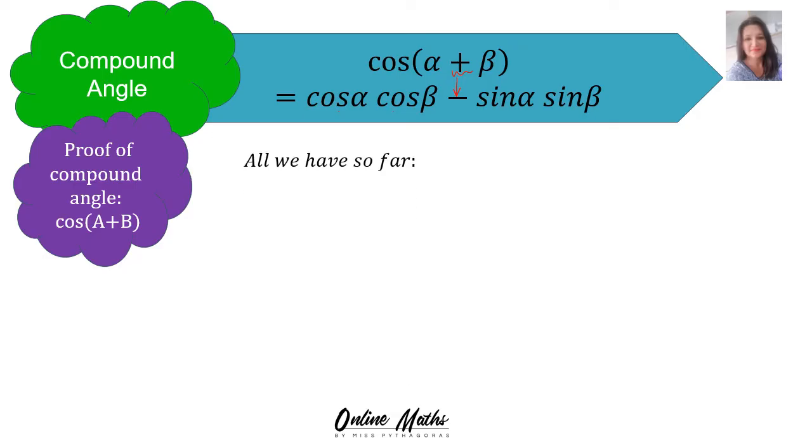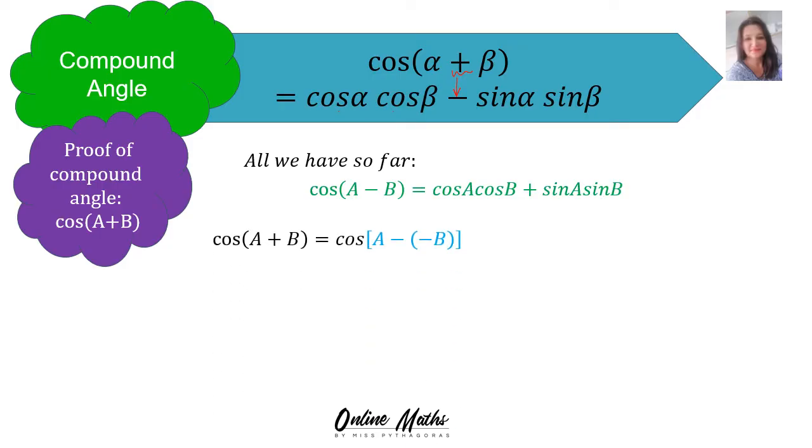Now all we have so far is the previous one, the cos A minus B, which is cos A cos B plus sin A sin B. Where we start is, on the left, the one we want is cos A plus B. So what you do is you rewrite A plus B as A minus bracket minus B. Now you haven't changed the sum because a minus times a minus is a plus.